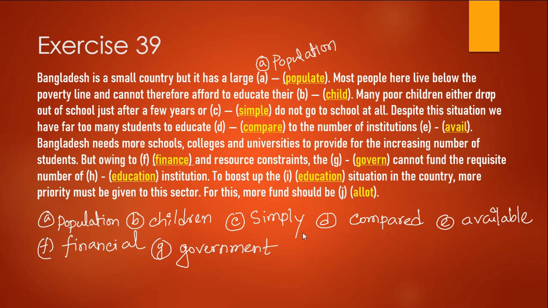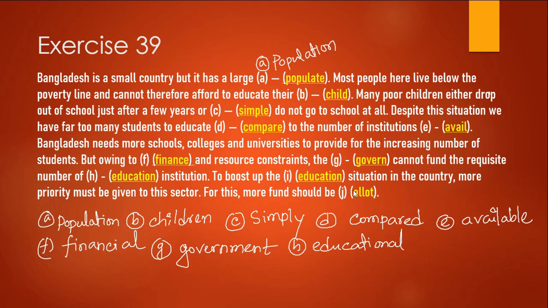The government cannot fund the requisite number of education institutions. So it should be education is not correct. It should be educational institution. So H number educational institution to boost up the education situation.